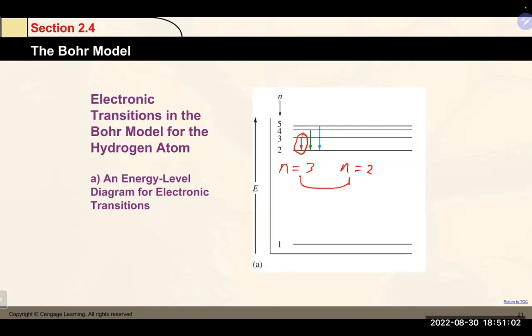As we look at our blue transition, it's going from the 5th energy level down to the 2nd energy level. That's a 3 energy level jump, which is much more energy needed to come down, and larger energy would result in a shorter wavelength. And again, blue would have a much shorter wavelength than we would see for red.